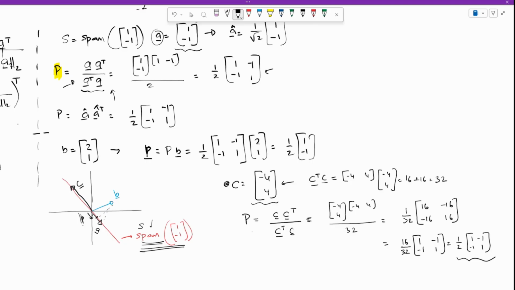The subspace is the same, so the orthogonal geometric operation that I do is the same. Whether I choose C or A from the subspace should not change, and that's what you find. So the orthogonal projection matrix is independent of what vector you use from the subspace to compute it.